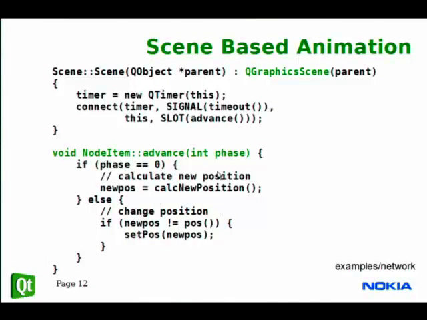So here we calculate how far it's been stretched, and then when it's time to actually do it, we set the position to that position. And this gives us smoother animation.